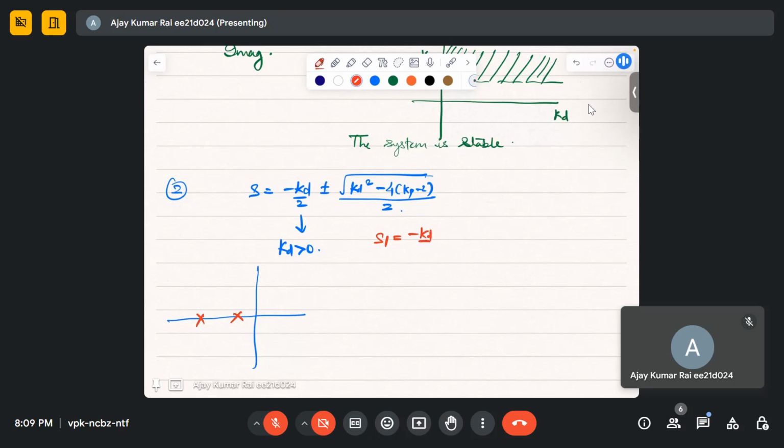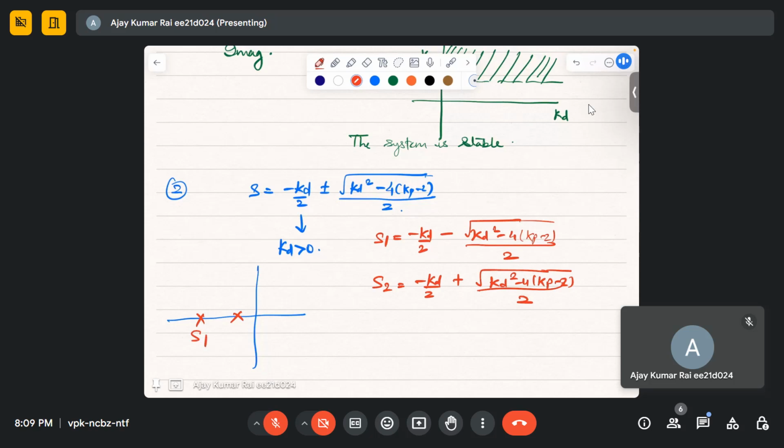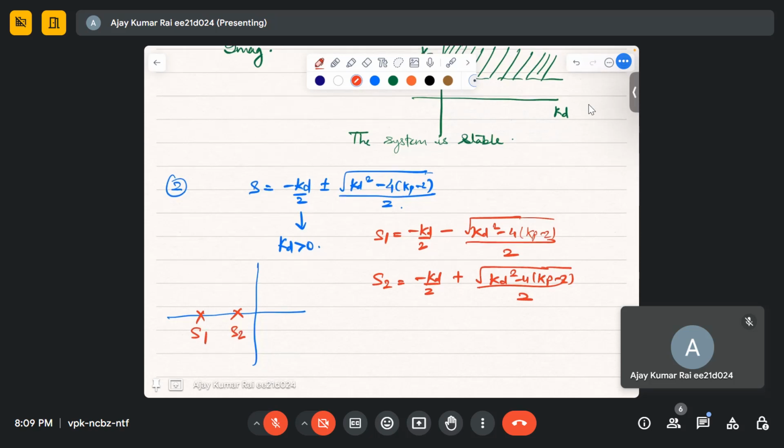One root will be minus KD by 2 minus root of KD square minus 4 (KP minus 2), and the other root will be minus KD by 2 plus root of KD square minus 4 (KP minus 2), by 2. I want these roots S1 and S2 to be like this.